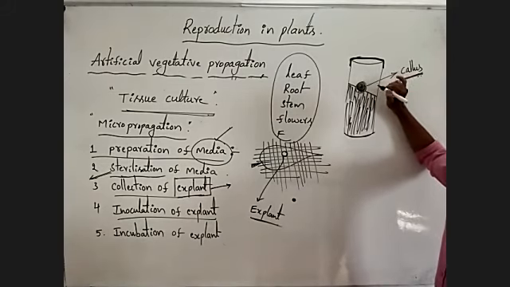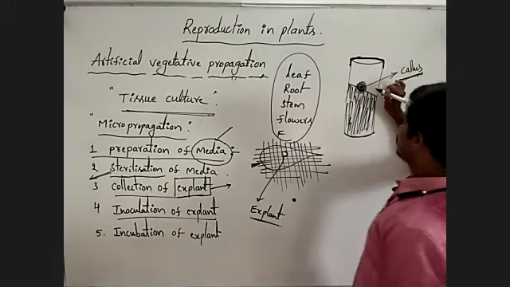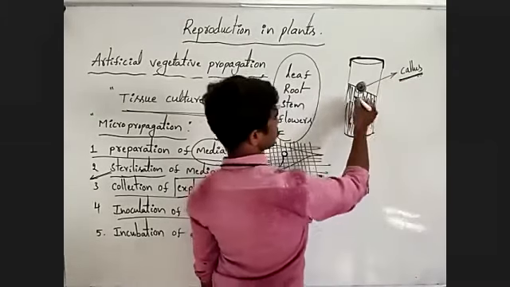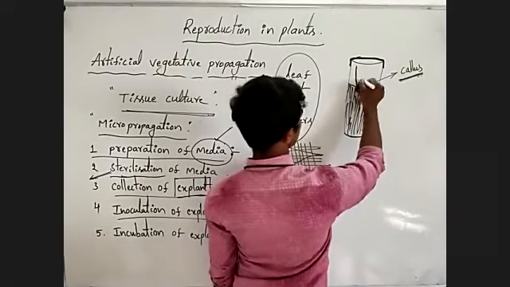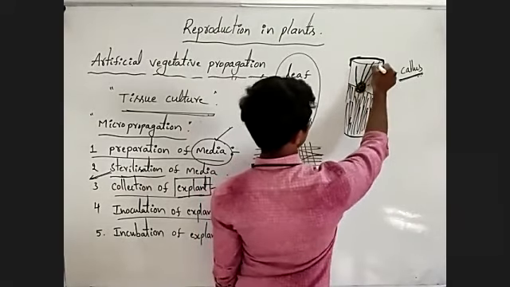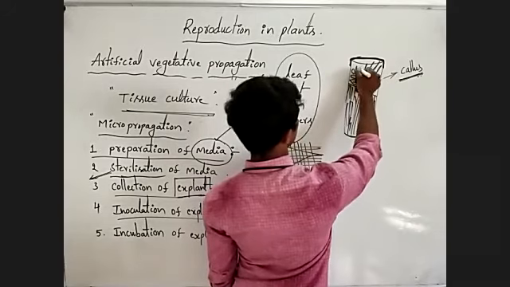After formation of the callus, we have to transfer the callus into another culture media containing growth hormones, auxins and cytokinins. From this callus, shoot systems are developed like this.